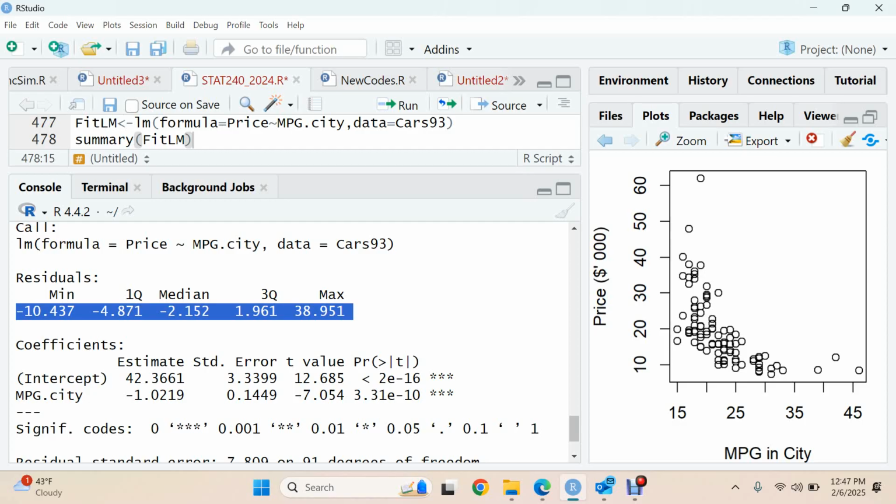So because this is random and this is deterministic, if I add a deterministic value to a random value, what do I get? The result will be random, which means y is also random.